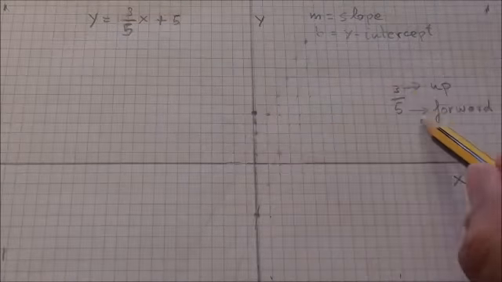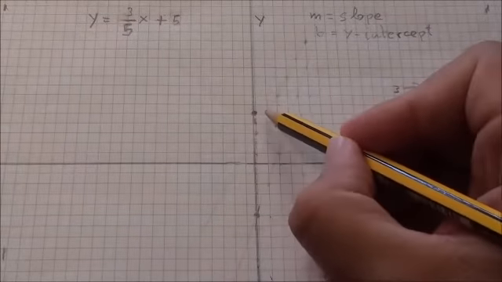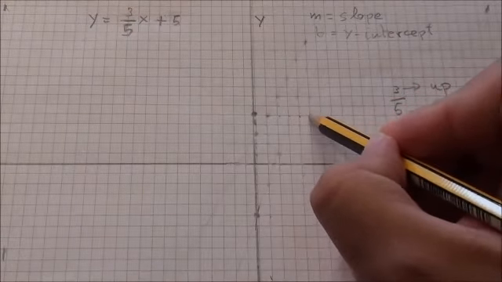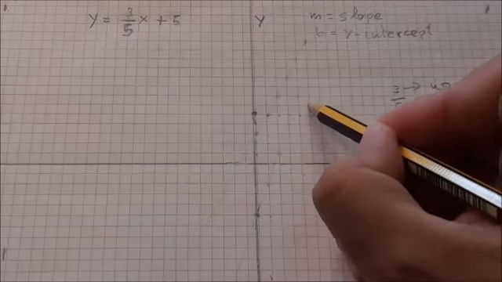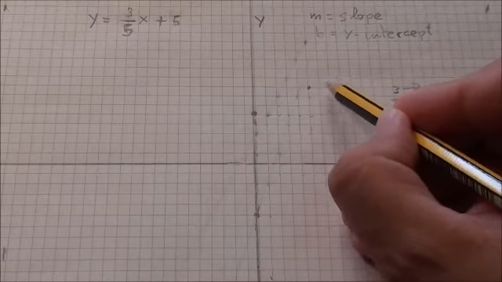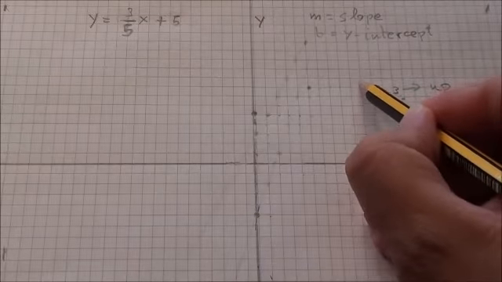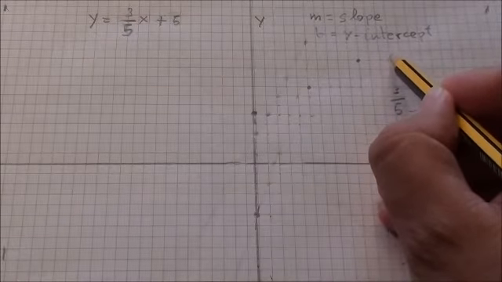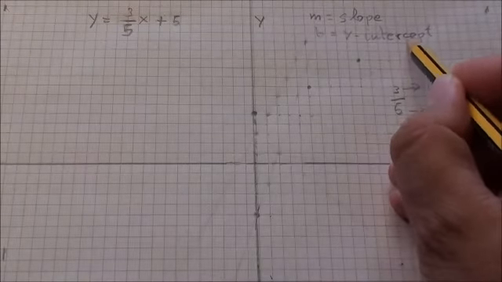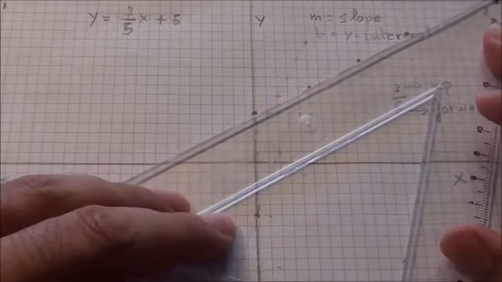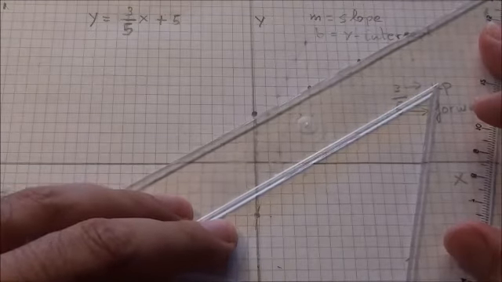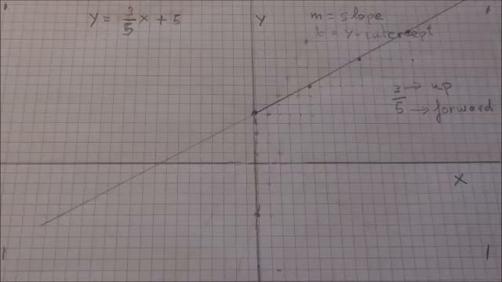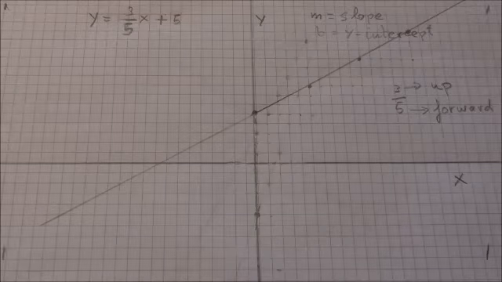So we go 5 forward and 3 up. 5 forward, 1, 2, 3, 4, 5 and 3 up, 1, 2, 3. Again, 5 forward and 3 up. Let's draw the line. And this is our line. Easy, isn't it?